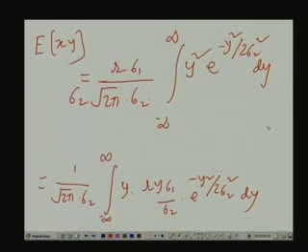In fact, I forgot to mention, sigma 1 square is the variance of random variable x, and sigma 2 square is the variance of random variable y. So, this will give rise to sigma 2 square.